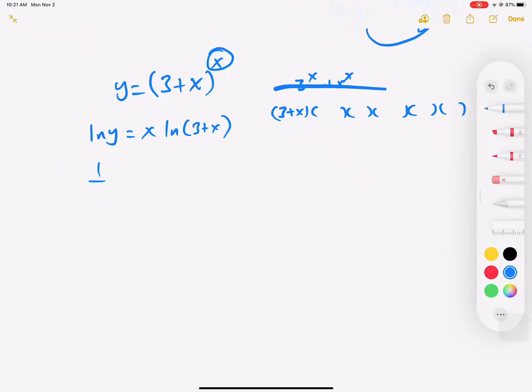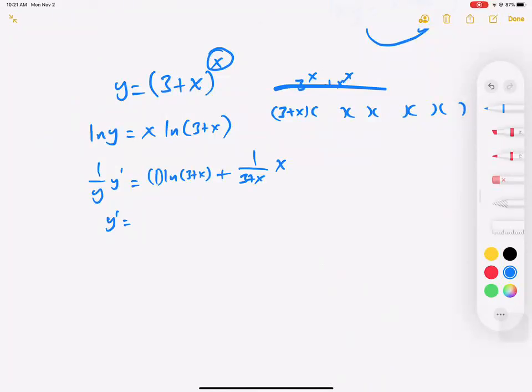And then now it's just product rule. 1 natural log of 3 plus x plus the derivative of natural log is 1 over 3 plus x. The derivative of this is just 1. And leave it as x. And then you solve for what they asked me to.